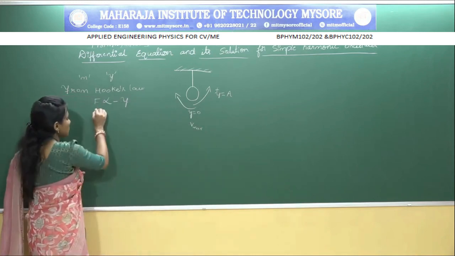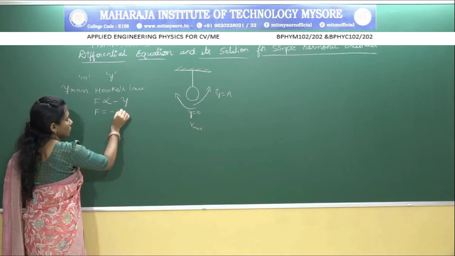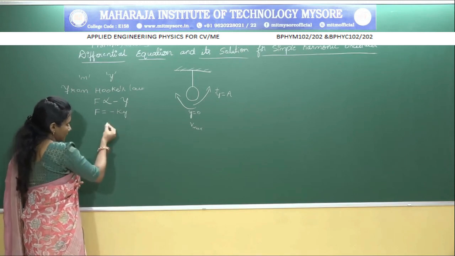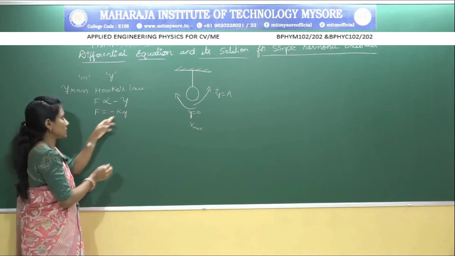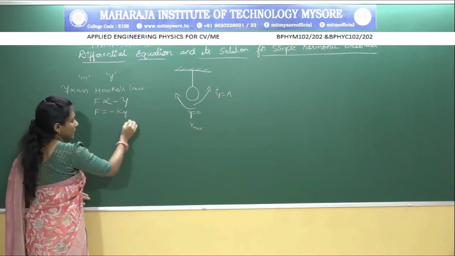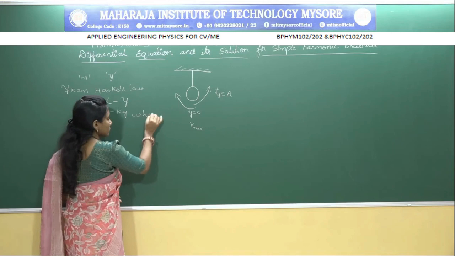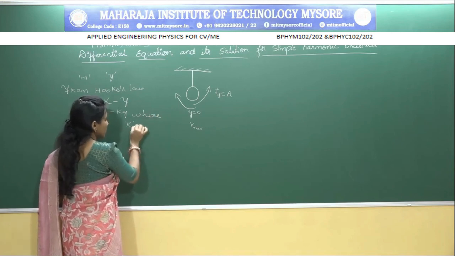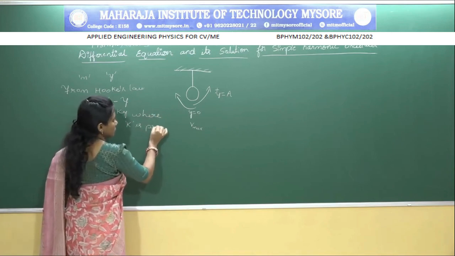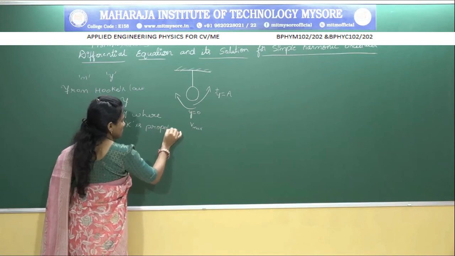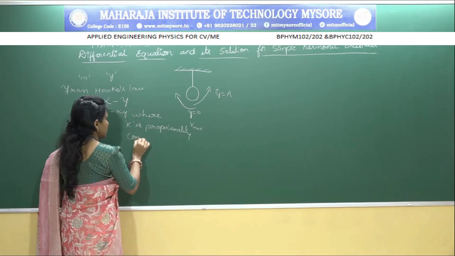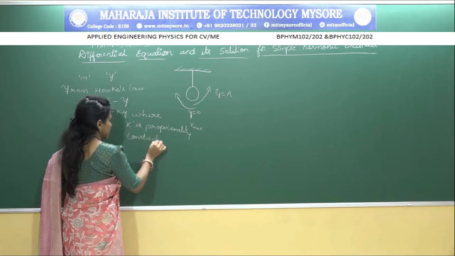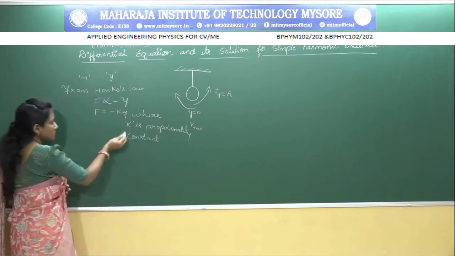If we remove the proportionality constant, we get F is equal to minus ky. The negative sign indicates that the force acts in the direction opposite to the displacement, where k is the proportionality constant, also called the spring constant.